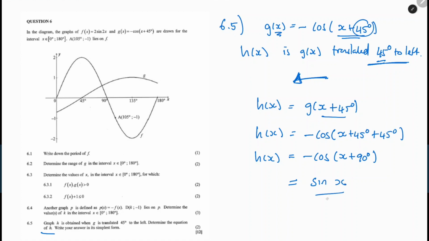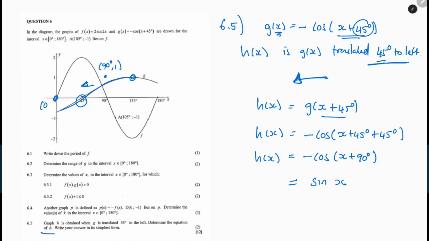If you didn't know that, you can observe it as follows. If we look at the graph, what we took is we took G and we shifted it to the left 45 degrees. So this point here moves to here. So H is going to look something like this. Also this point here moves to this point here, so that's at 90 and 1.